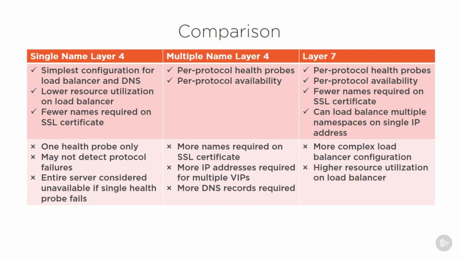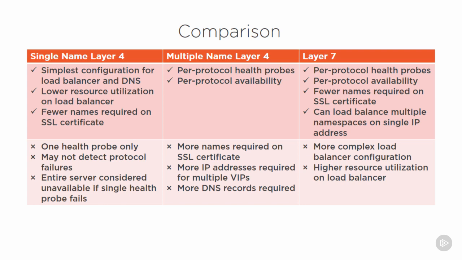So your load balancer configuration is reasonably uncomplicated in that sense, but it's more complex in terms of all the virtual services and health probes that are configured on that one virtual service. And it also typically means higher resource utilization on the load balancer itself. So you might need a slightly more powerful, which means more expensive, load balancer.